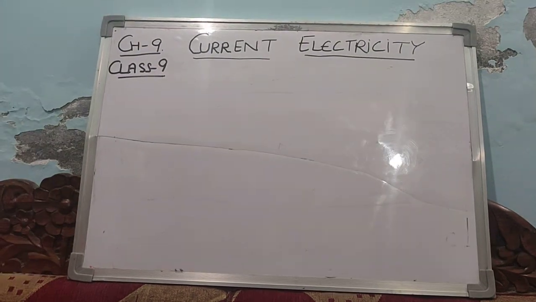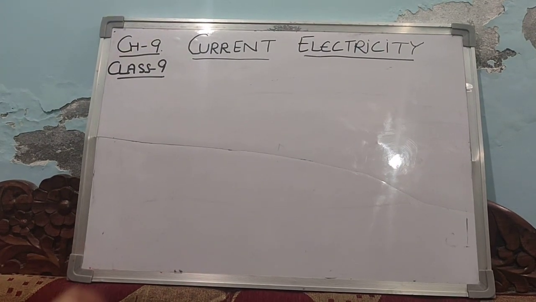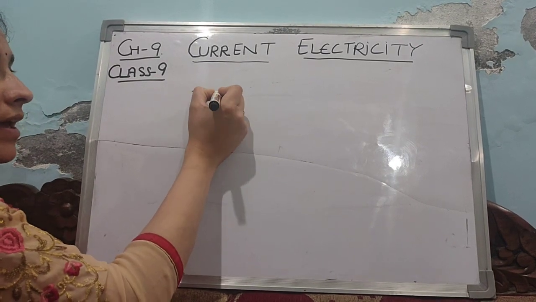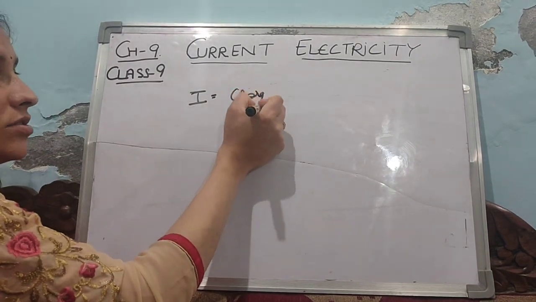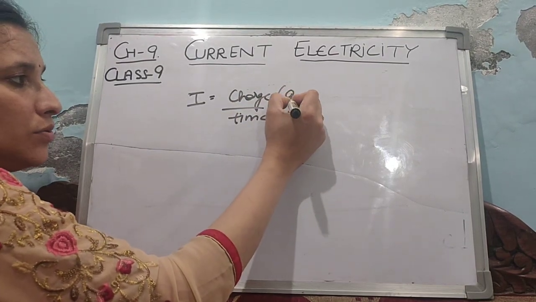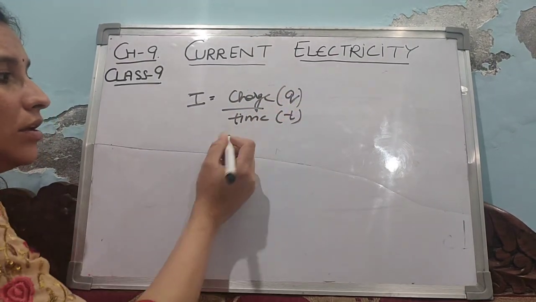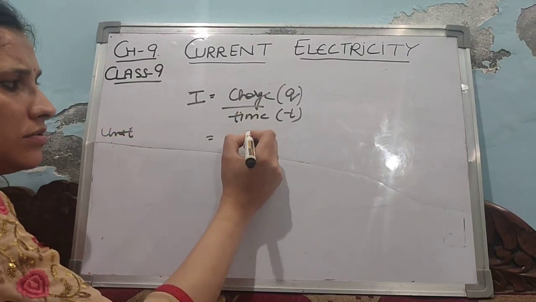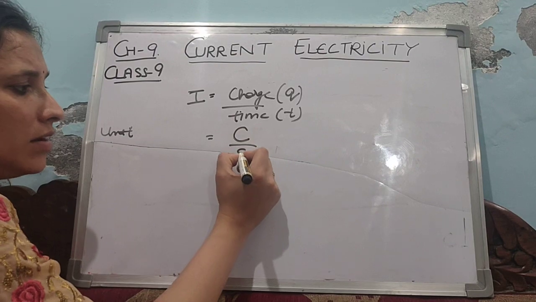So students, again I am repeating, concluding the topic, that current is denoted by letter I and it is charge upon time. Charge we denote by letter Q and time by letter T. We know the unit of charge is coulomb and for time it is second.